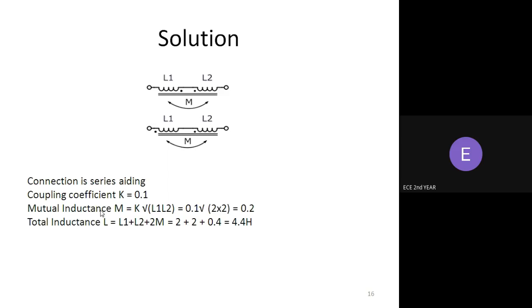Substitute all the values: 2 plus 2 plus 0.4 is 4.4 Henry. The total inductance of this series aiding combination is 4.4 Henries.